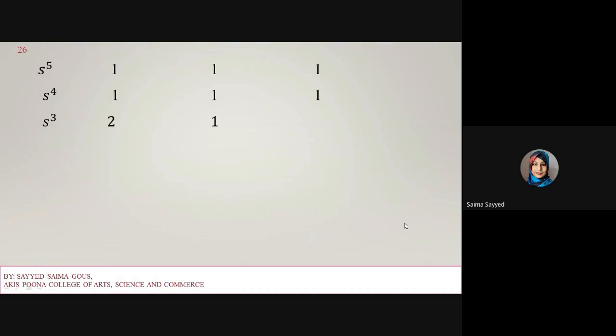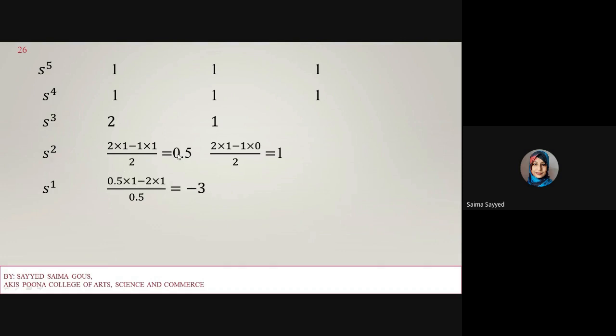So replace that by 2 and 1 and form the array, C1, C2, D1, by using the formulas. So C1 will become 0.5, C2 will become 1, D1 will become minus 3, and E1 will become 1.